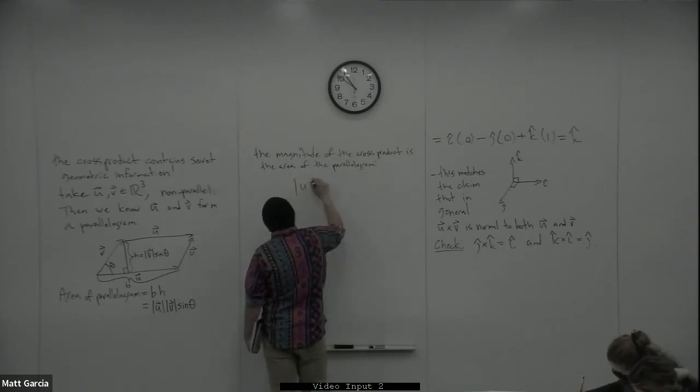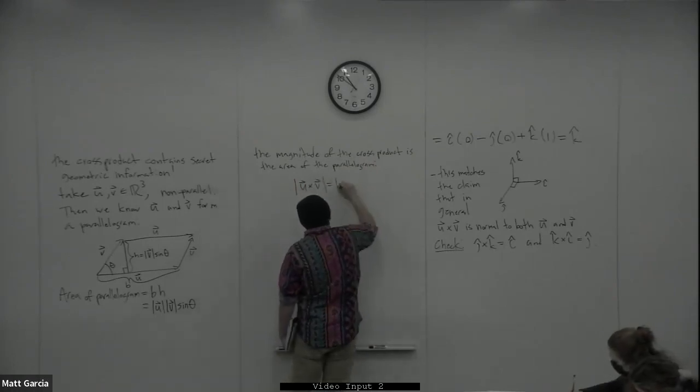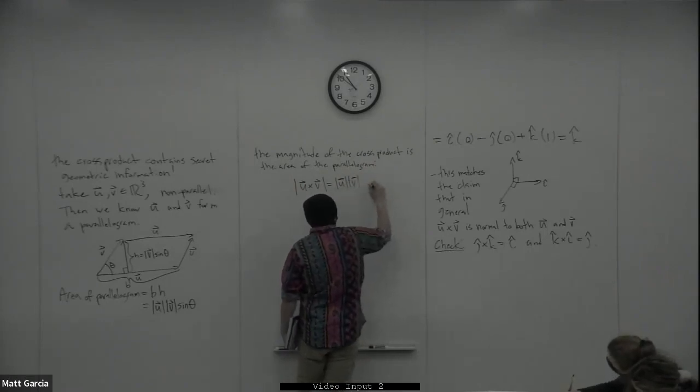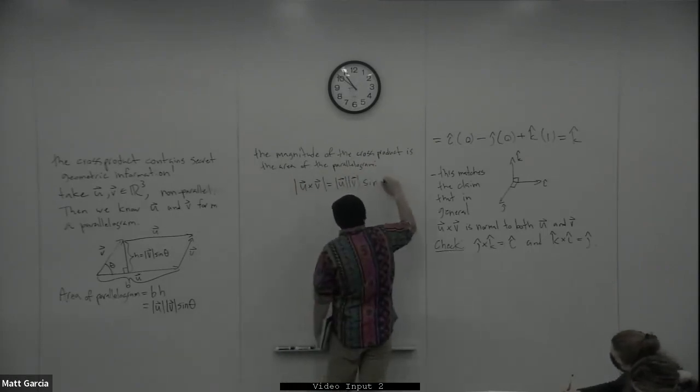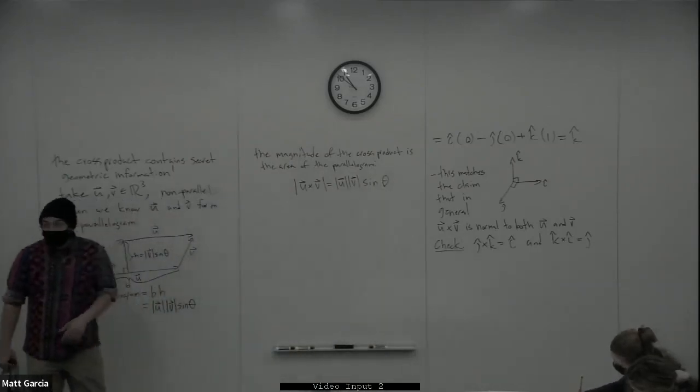That is, the magnitude of u cross v is the magnitude of u times the magnitude of v times sine theta.